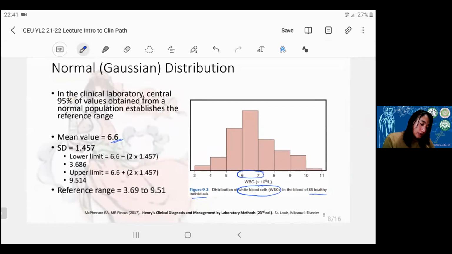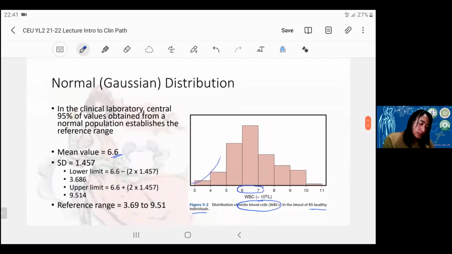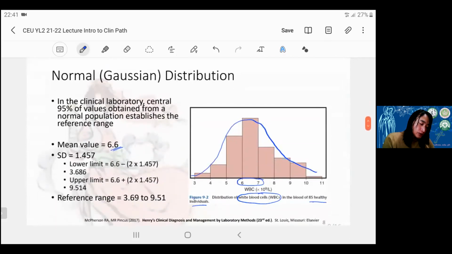And if you notice here, there is an approximately Gaussian distribution, but not that perfect. And determining the mean value, which is the average, is 6.6. It's around this point.